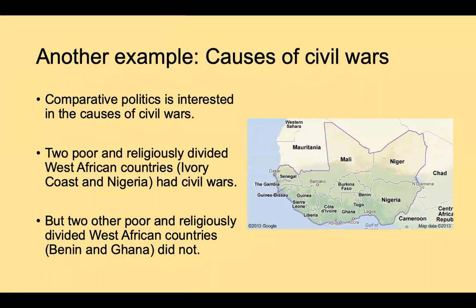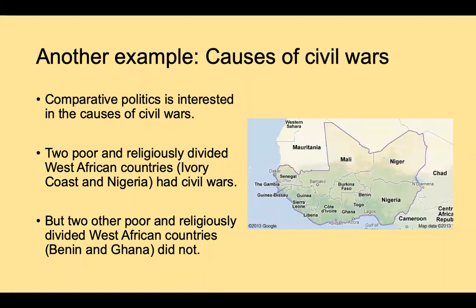Let me give you an example of a set of similarities and differences that is really important when it comes to civil war in West Africa. This is a very interesting pattern, and we'll do more with this as we go along throughout the rest of this lecture and discussion.